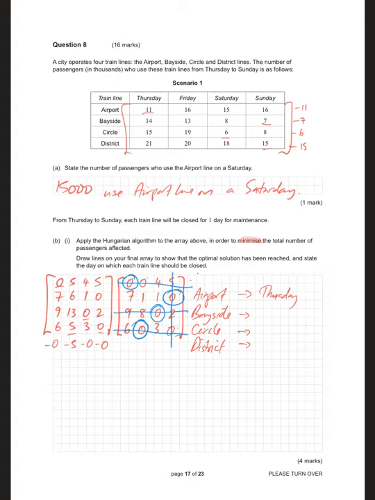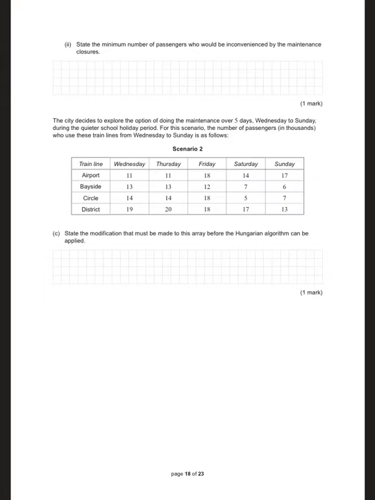Therefore, lines closed on: Airport on a Thursday, Bayside on a Sunday, Circle on a Saturday, District on a Friday. That's that question done.